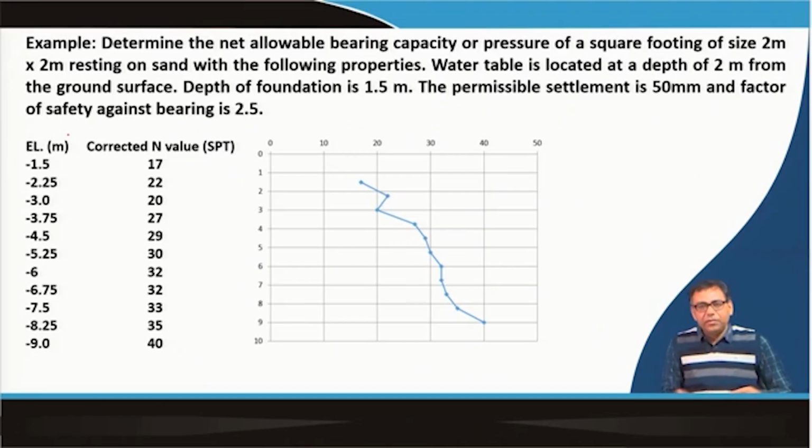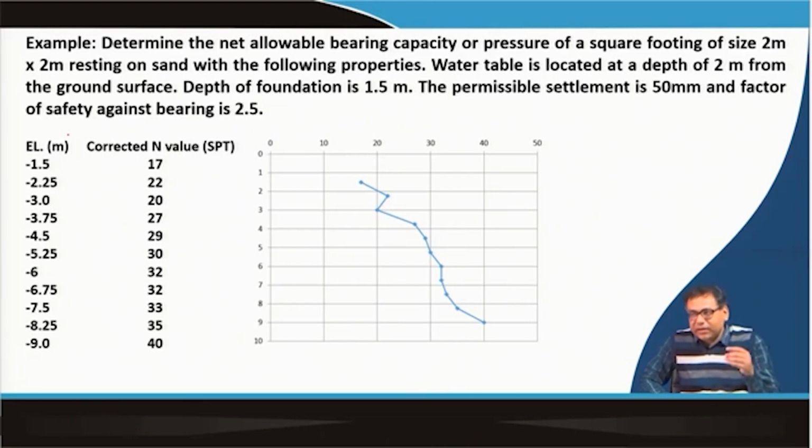That means how much allowable bearing pressure we can apply on a 2 by 2 meter square foundation resting on sand whose SPT values are given. The water table is located at a depth of 2 meter from the ground surface, the depth of foundation is 1.5 meter, the permissible settlement is 50 millimeter and the factor of safety against bearing is 2.5.